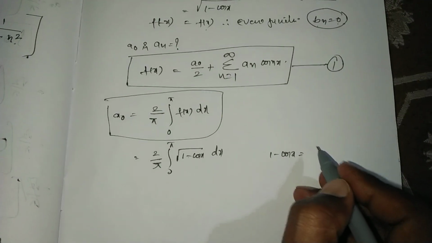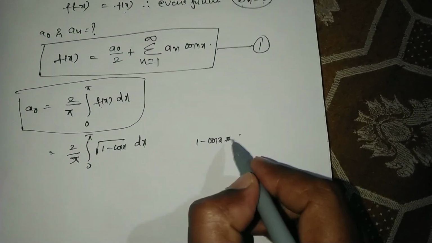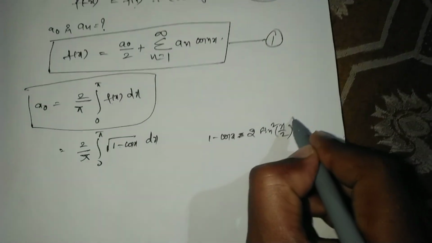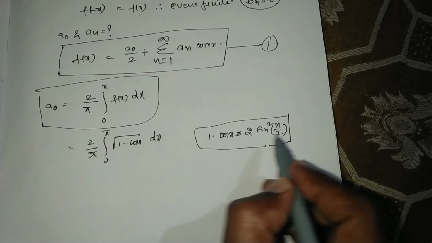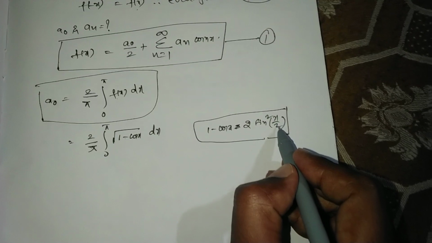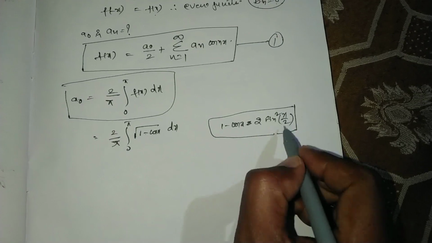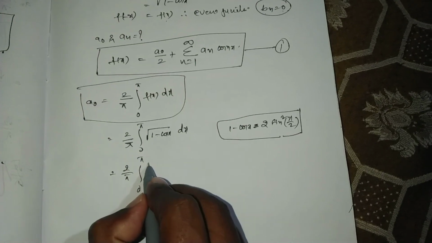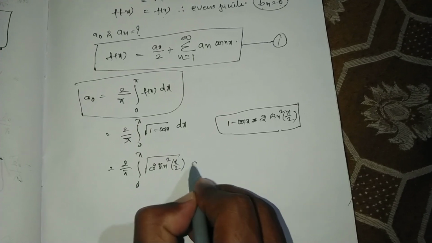By using trigonometric identities of angles, 1 minus cos x is equal to 2 into sine square x by 2. So substitute 1 minus cos x is equal to 2 sine square x by 2 here. That is equal to 2 by pi times integral 0 to pi under root 2 sine square of x by 2 dx.